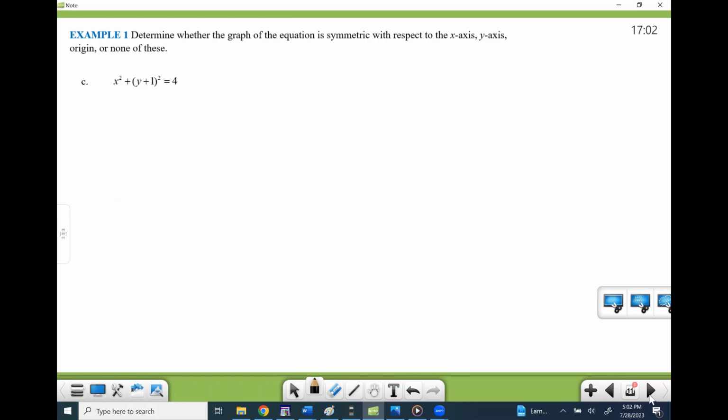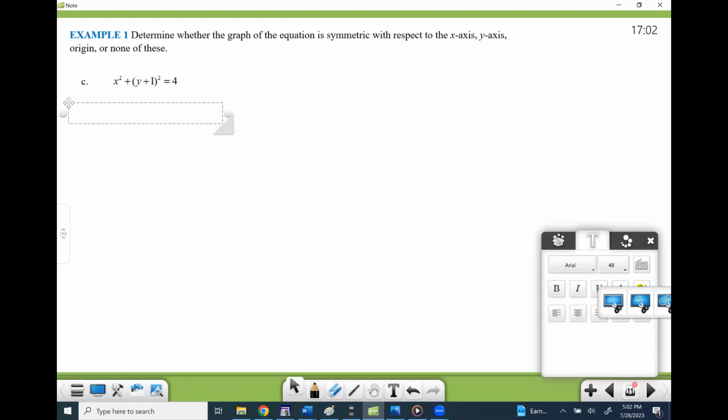All right. So we're going to do with the x, with the y, and with the origin. Hopefully you're getting so good that you can fill these in on your own, right? So if we went symmetric to the x, hopefully you remember the y for y. And then for the y-axis, we got negative x for x.